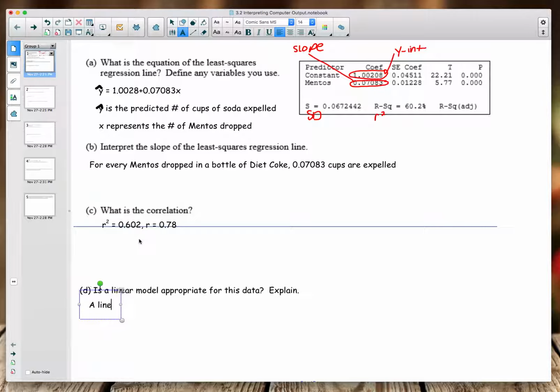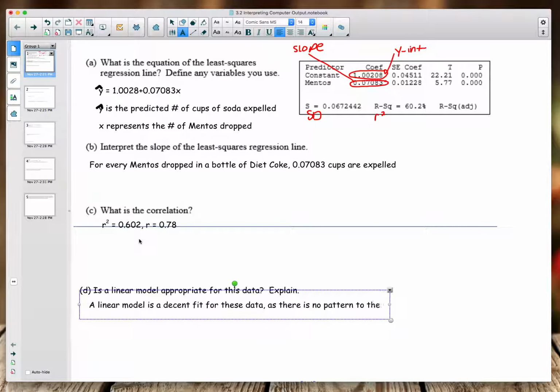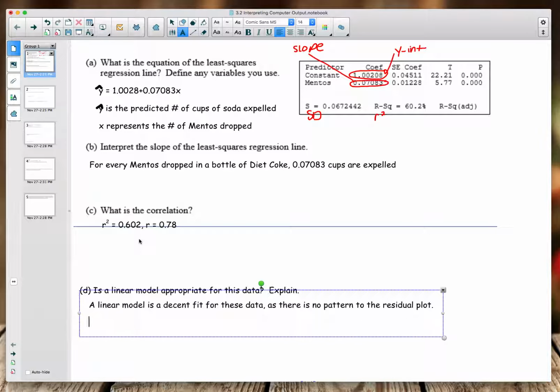So we just say a linear model is a decent fit for these data as there is no pattern to the residual plot. And you might want to make yourself a note so that you can remember, when you do see the vertical lines, that's okay because it represents repeated experiments.